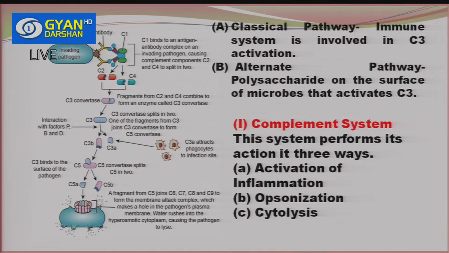One is the classical pathway, another is the alternate pathway. In the classical pathway, the immune complex leads to C3 activation. In the alternate pathway, polysaccharide on the surface of the microbe activates C3. So you can see it is a cascade of reactions. But here is a very important thing: antibodies are involved. The invading pathogens have antigens, or you can say they have epitopes, so antibodies are bound to the particular epitopes.